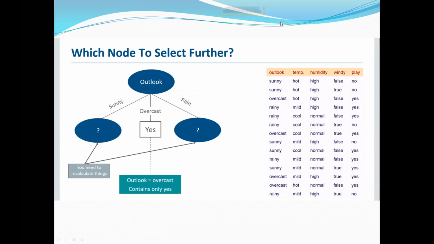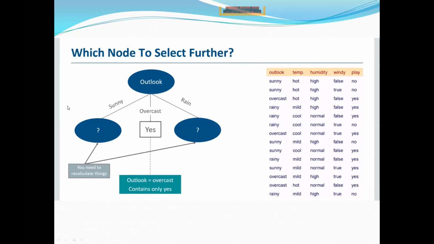Next, the root node is fixed. Under the root node, we have three classes, so we split into sunny, overcast, and rainy. Next, once again the question comes: which node do we have to fix? For that, you have to investigate where we have a homogeneous set and where we have a non-homogeneous set.